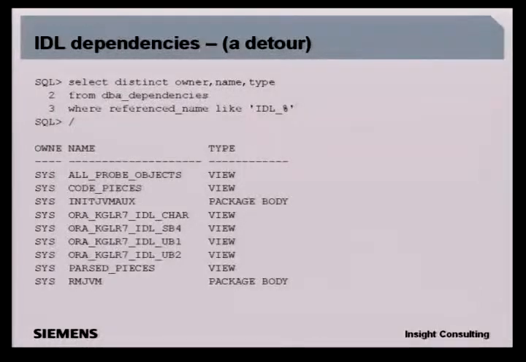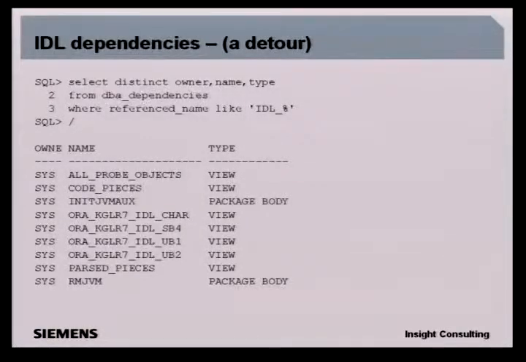Okay, a little detour. What does Oracle use IDL tables for? It's always interesting to spread your search a little bit. There's quite an interesting view called DBA_DEPENDENCIES that you can use in 2 directions. You can see for a particular object which other object it relies on, or you can go back up the chain and do it the other way. So you can see, for instance, for a particular table, which other objects use it.